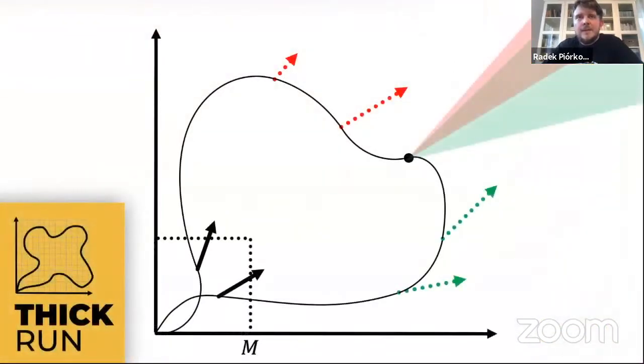So when we have a thick run like this, we have those red vectors and green vectors and those black vectors here. We look at the numbers that appear in these vectors. Those are all small numbers, and we take product of them, and this is some new constant n that we will use in a moment.